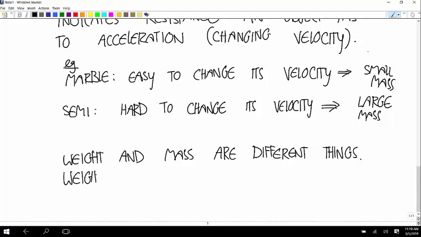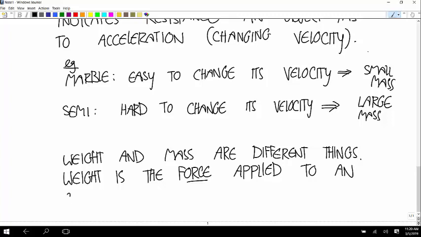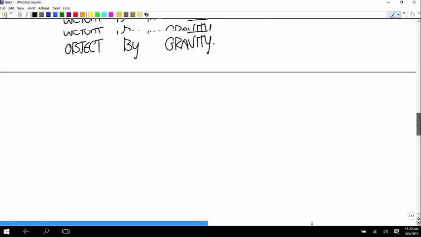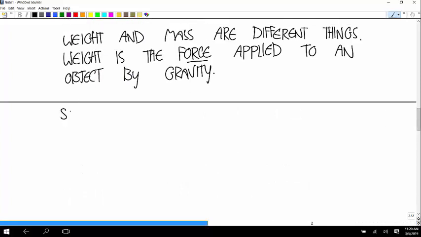The weight is the force applied to an object by gravity. So if there's no gravity, there's no weight.